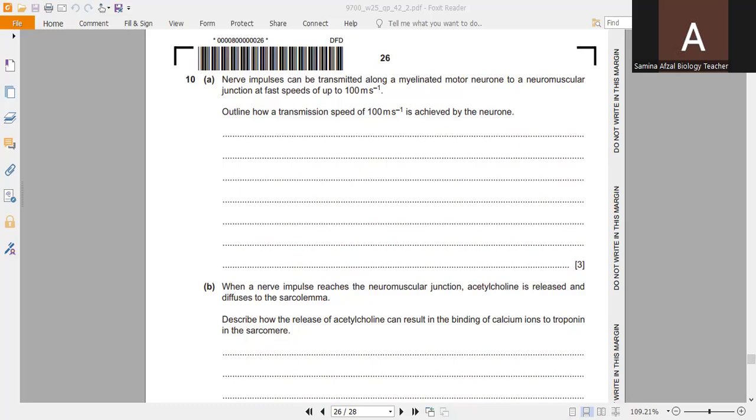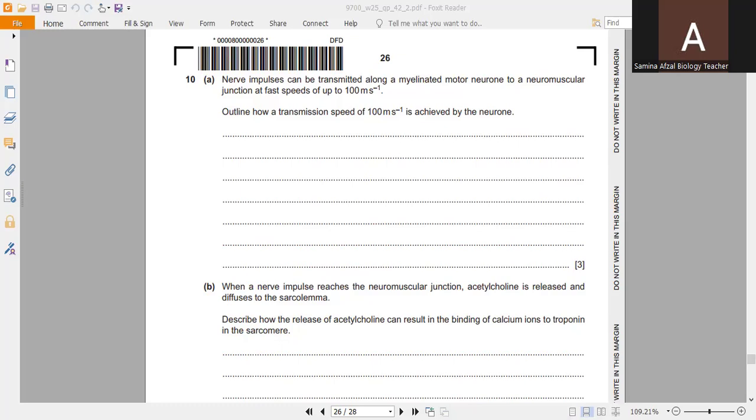I would like to say that in saltatory conduction in myelinated neurons, the axon is insulated by a myelin sheath, which is formed by the Schwann cells. This sheath is impermeable to ions, so depolarization cannot take place in the myelinated sections.